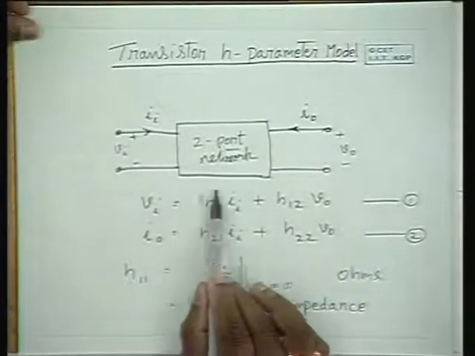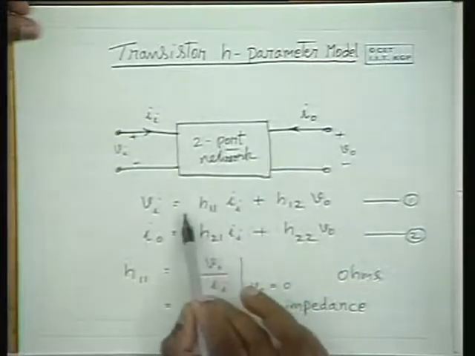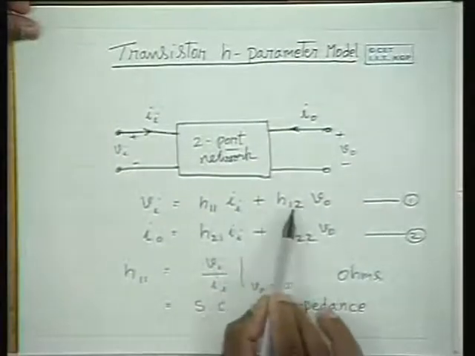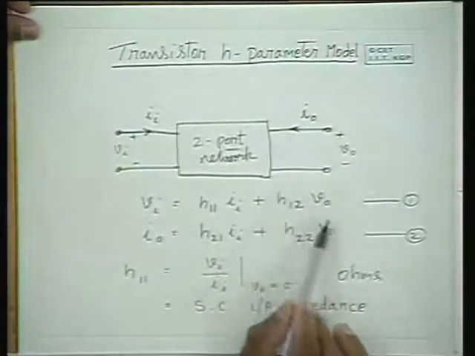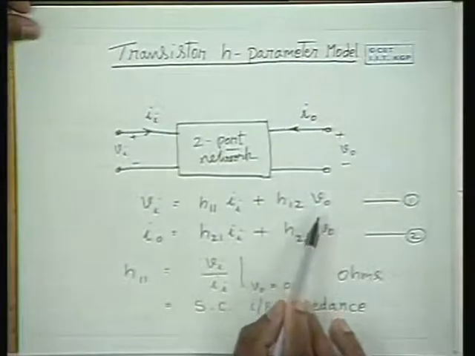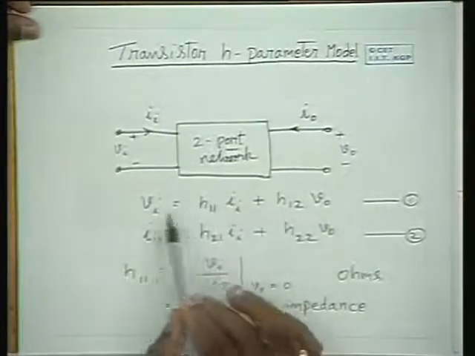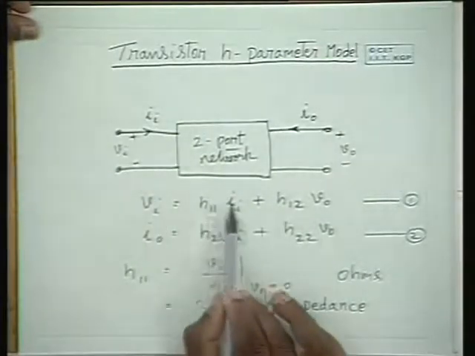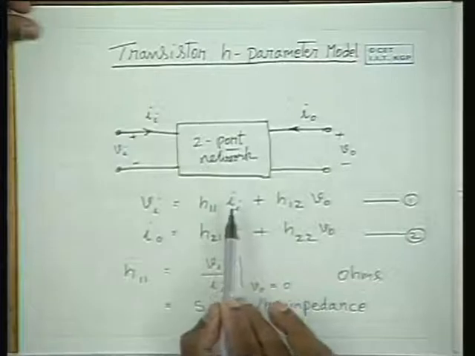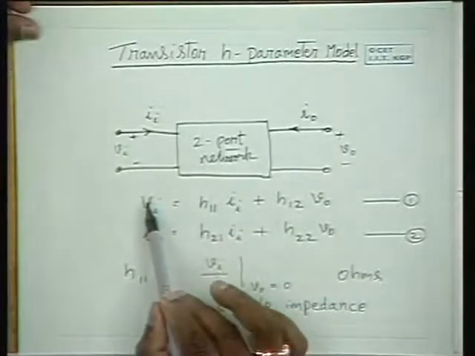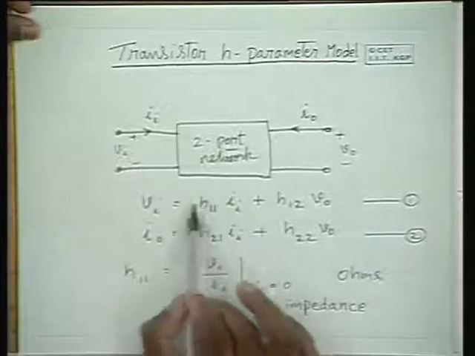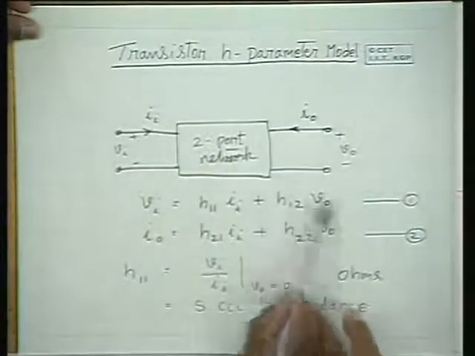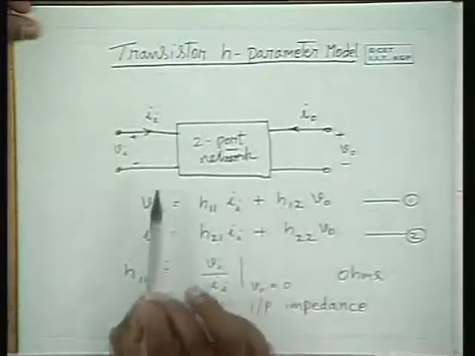One quantity is a voltage proportional to input current, and the other is a voltage source proportional to output voltage. H11 is a resistance, which comes in series with a voltage source, and both put together is equal to Vi.